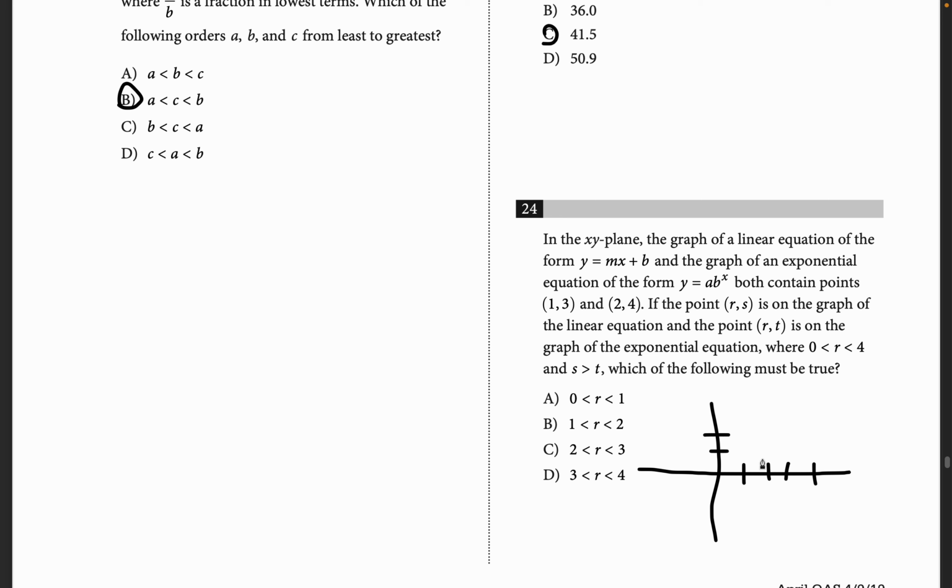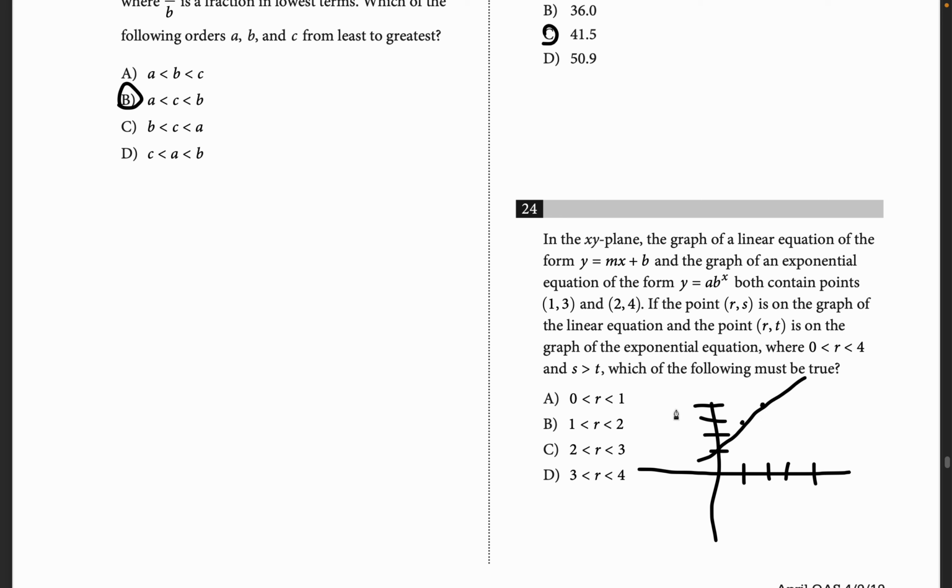So we have the point 1, 3 right here, and the point 2, 4 right here. We can draw the linear like this.